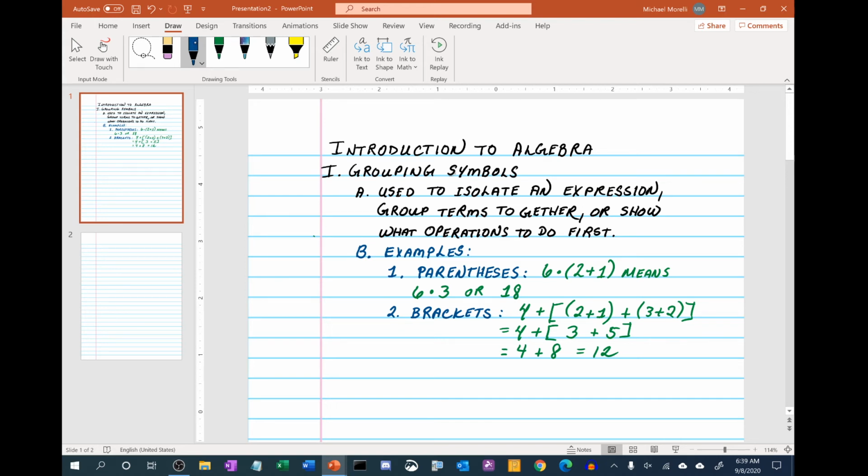Here's another grouping symbol that we don't often think of as a grouping symbol, and that is the fraction bar.